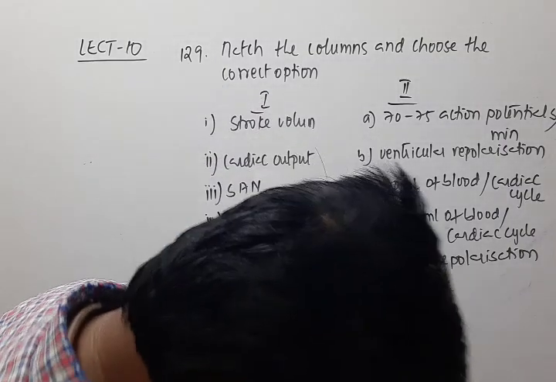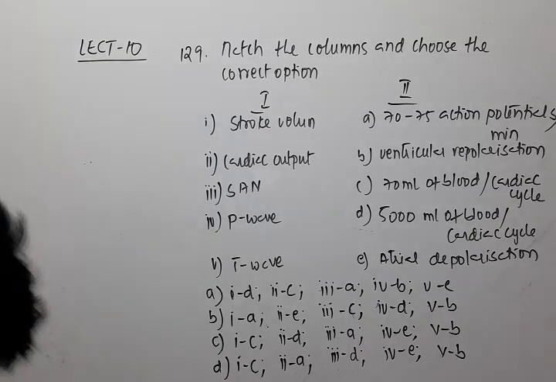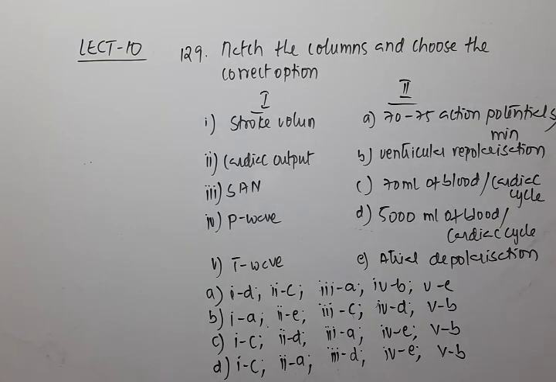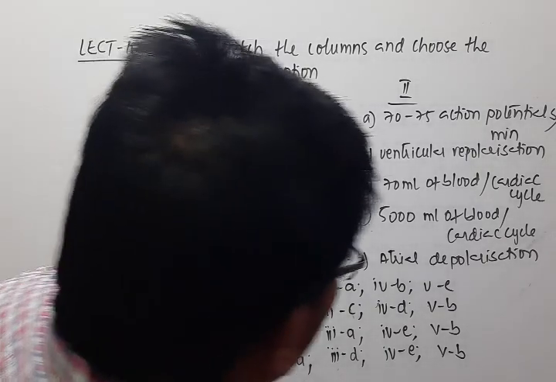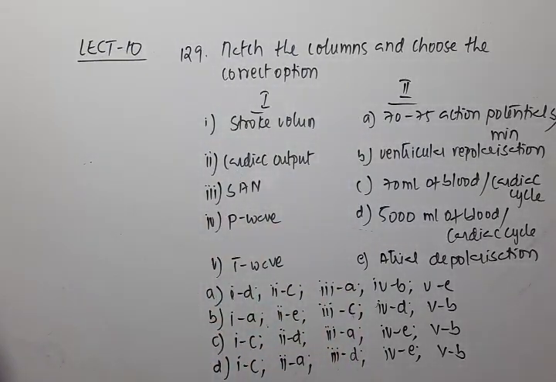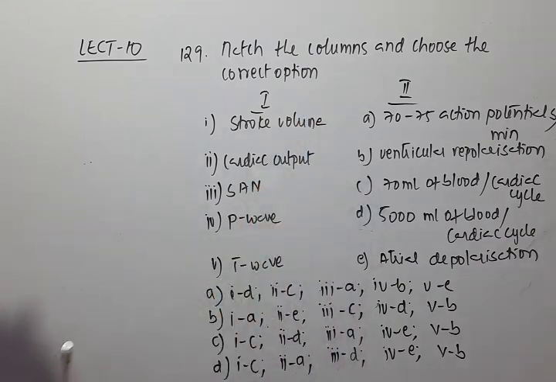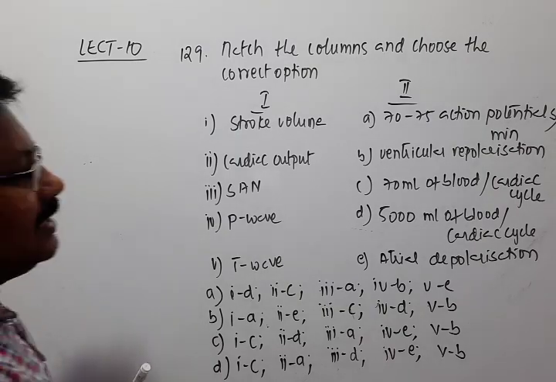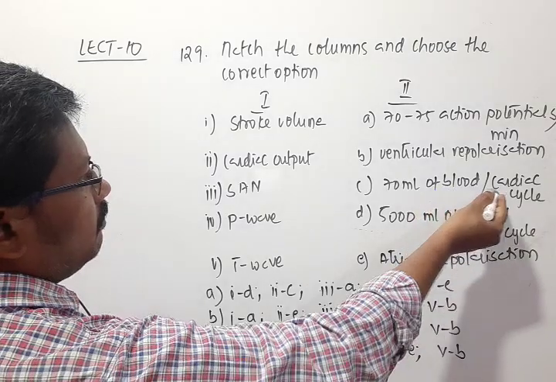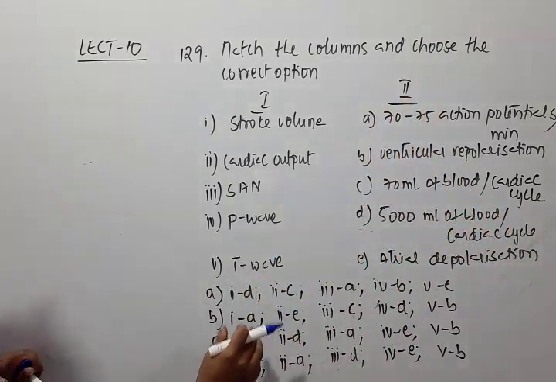So here we have match the following. We have two columns, and we'll have to match them. First we'll see the stroke volume. The stroke volume is 70 ml of blood per cardiac cycle.